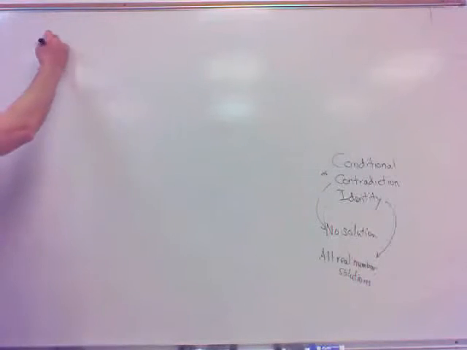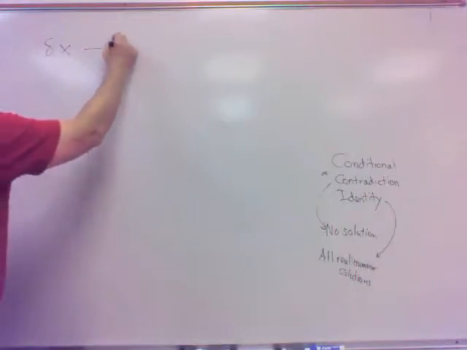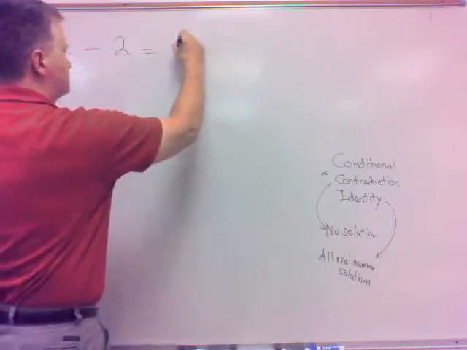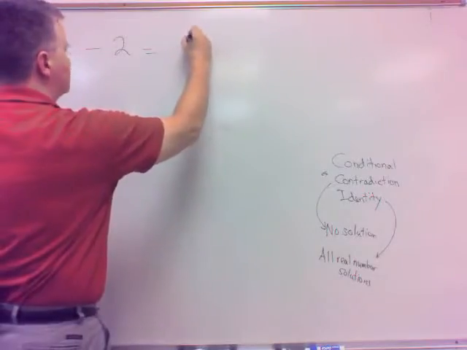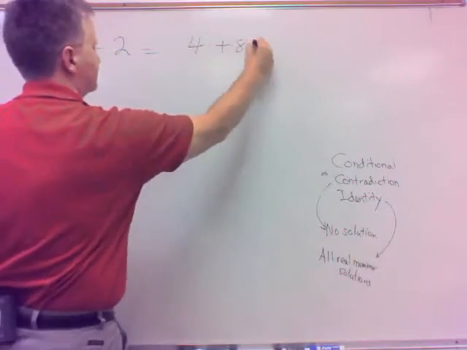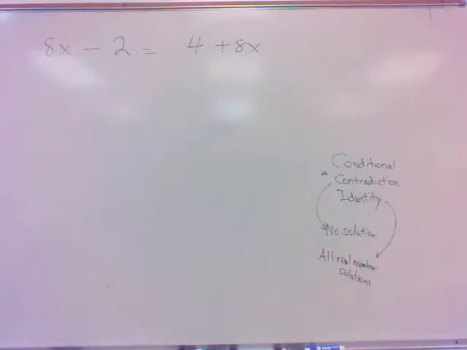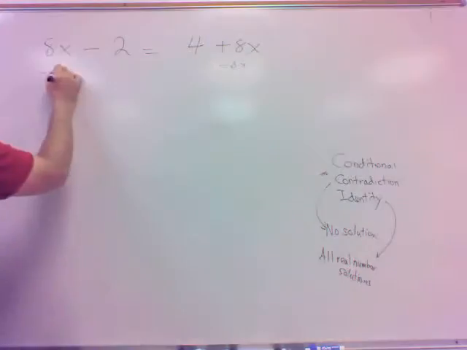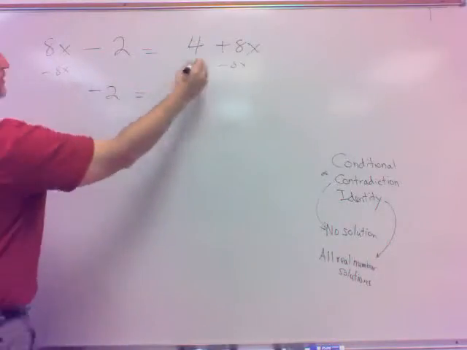What do we get here? 8x minus 2 equals 4 plus 8x. Well, on the contradiction and identity, on neither one do you get x equals a number. On this one, we just so happen, if I go about solving it, subtract 8x from both sides. Well, that's 0, so this side will just be minus 2.